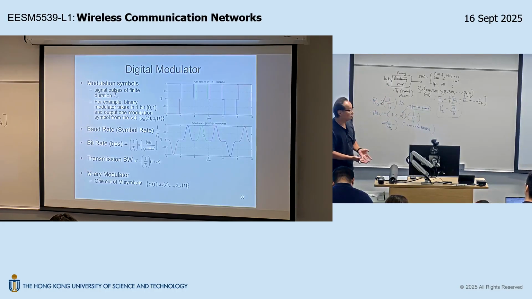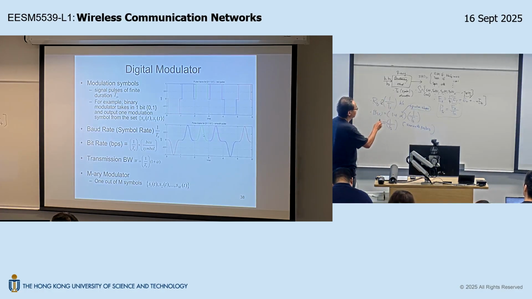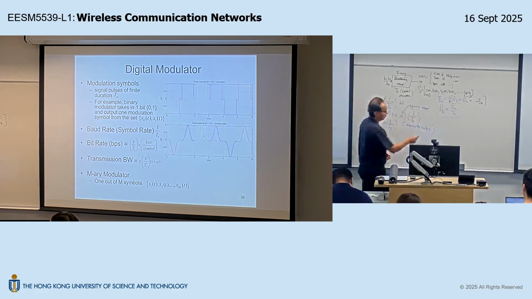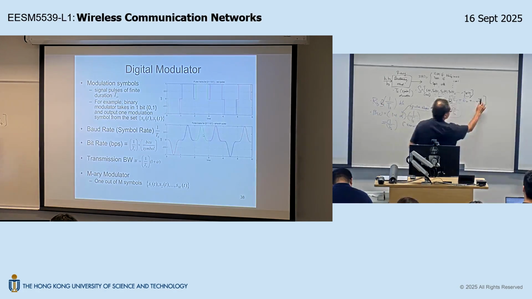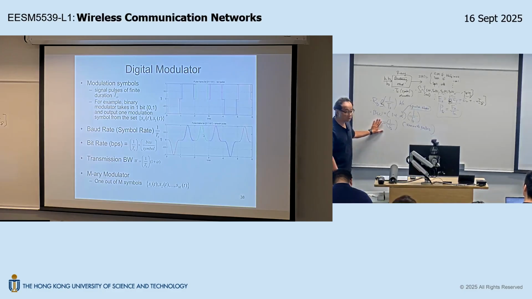So when I'm asking for the bit rate, I'm asking for how many passengers I can deliver over a 1 second window. So in this case, this becomes a 3. Is that okay? The others remain the same, except that this is 1/8, and this is the average over 8 possible symbols. So bandwidth is still the same as before, but now I have increased the bit rate by 3 times.